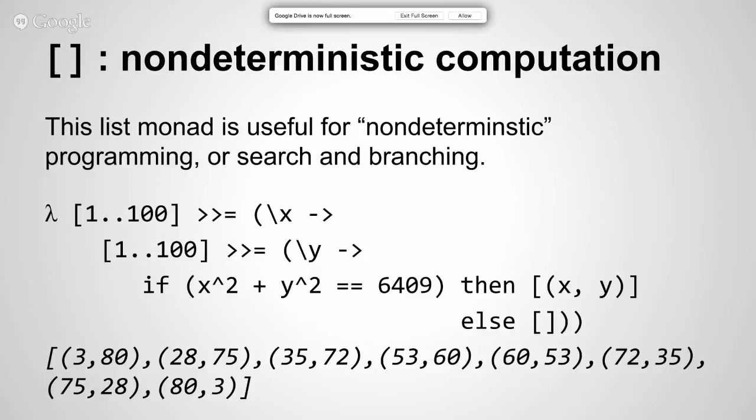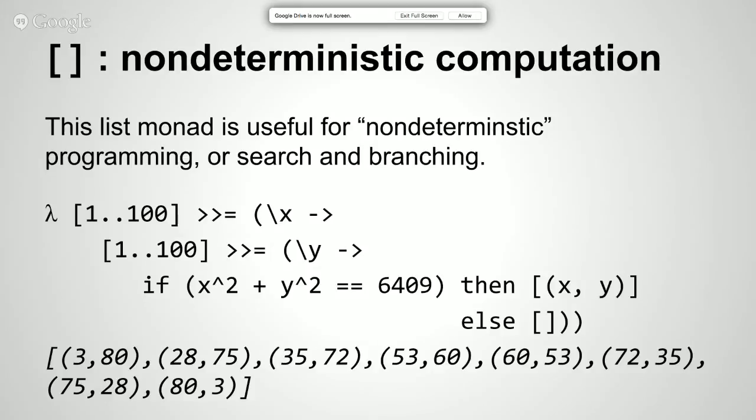So now you have an x and a y that you've bound in these lambdas. And then your body is if x squared plus y squared equals 6409, you yield a pair xy, and otherwise you yield nothing, you fail.